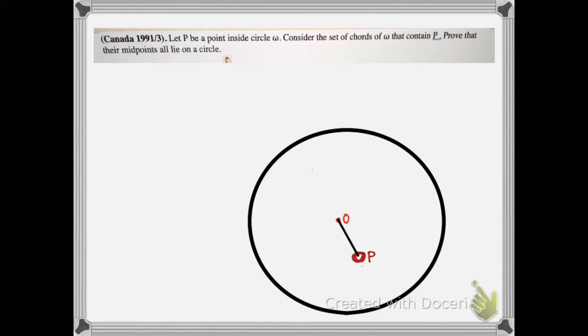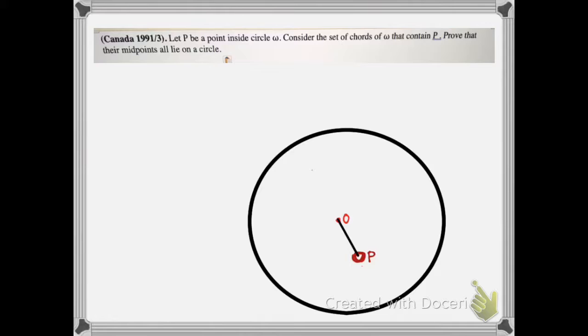We can always find a perpendicular line to OP which passes through any particular point, P, right? So we can always construct such a chord of which P is the midpoint. And from the perpendicular bisector, we know that will be the midpoint because this angle is 90 degrees.